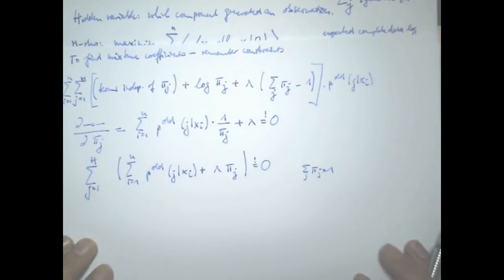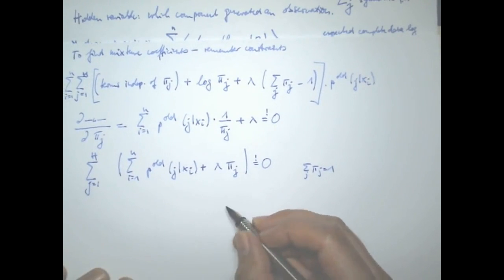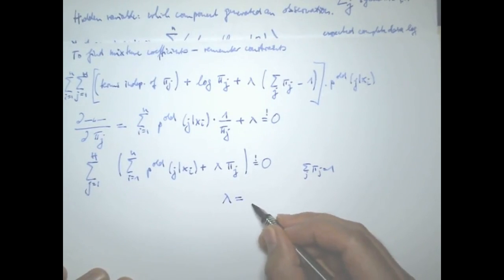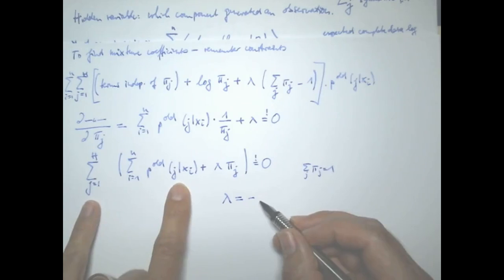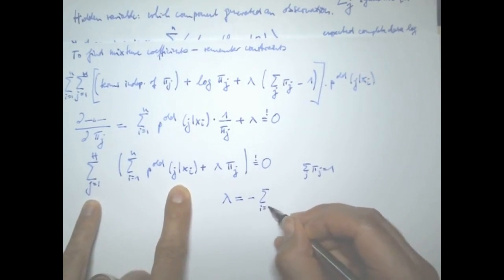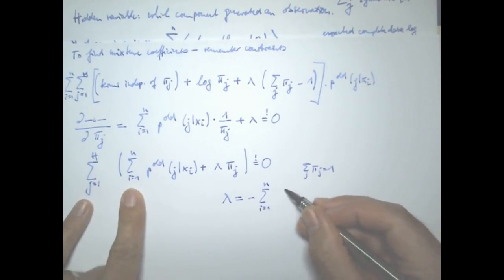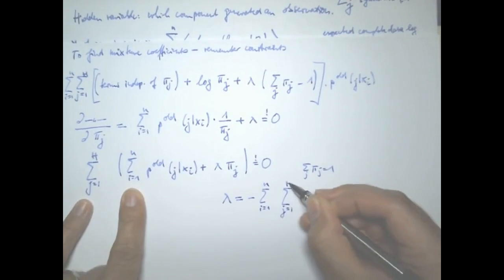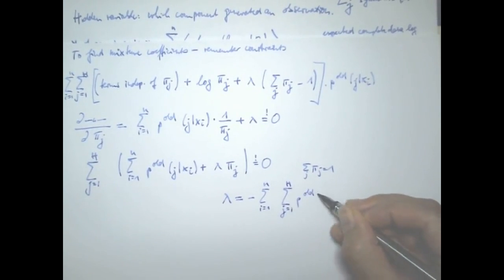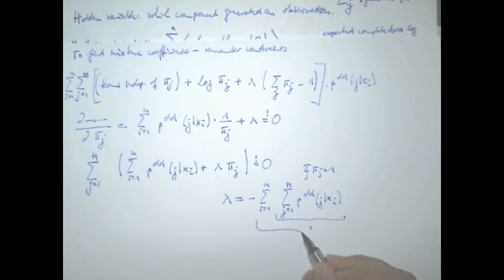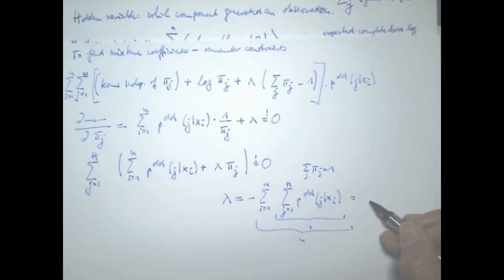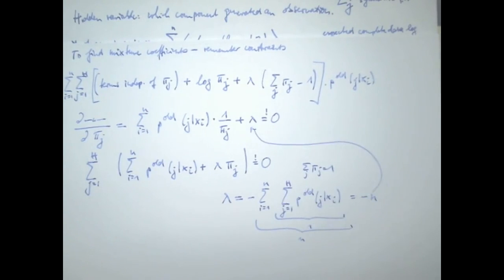And I'm left with lambda as minus the previous term here. I'm switching around the summation signs now. And this thing is 1, and this thing is n. So overall, lambda is minus n. Okay, this minus n I can now insert here and finally solve for pi j.